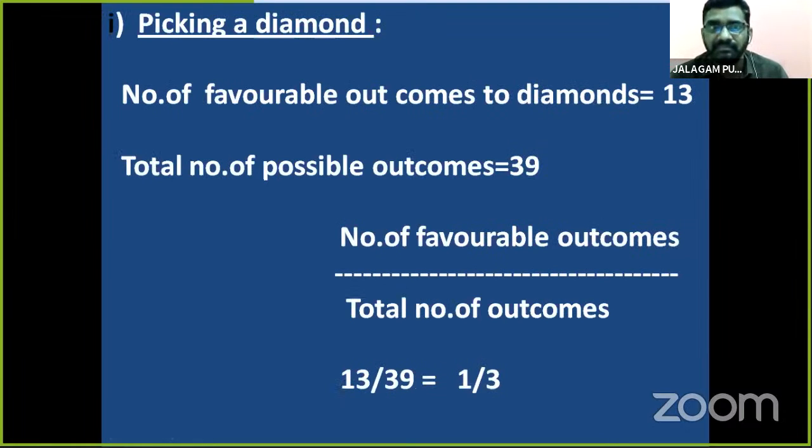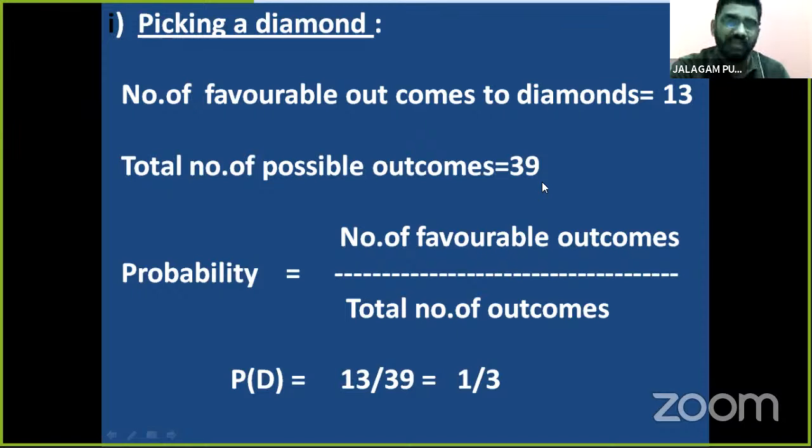That's why here the number of favorable outcomes is how many? 13. The total number of possible outcomes we already discussed, 39. So here, children, the number of favorable outcomes for picking up a diamond is 13, and the total possible outcomes are not 52.